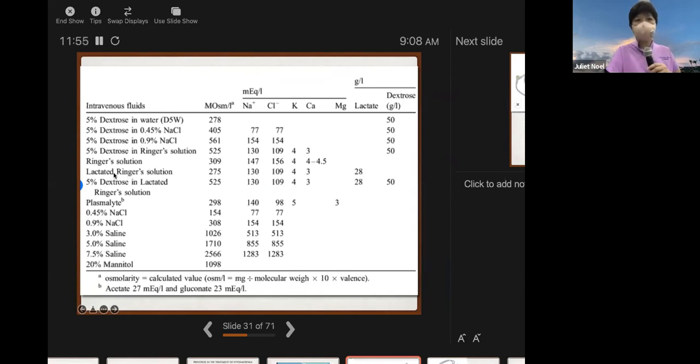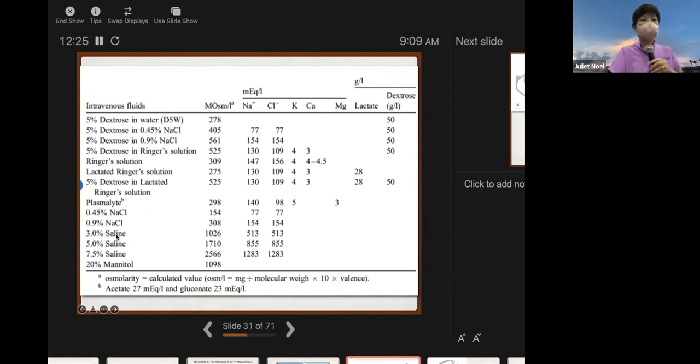We have the lactated Ringer's, both the plain LR and a D5 LR. Plasma-Lyte or an NR, if you look at it, it's very close to, that's why it's called plasma. It's close to the blood, not to the plasma. Okay, so 0.45, that's 77 sodium, 77 chloride. So same thing.